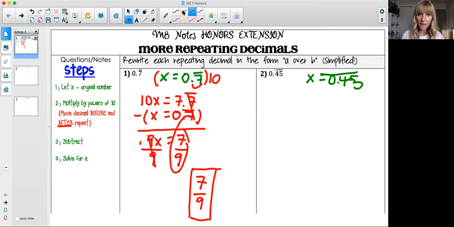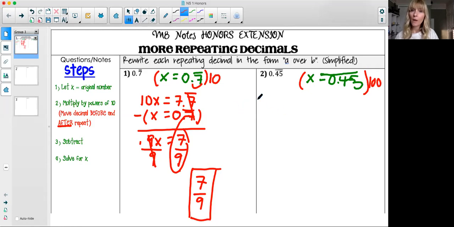Now this time, if I want the decimal to move past the repeat of this really lovely decimal I wrote, this time I don't want that decimal to only move once because that would put me right in the middle of the repeat. I need the decimal to move twice to go all the way past the repeat. So that means I am going to multiply by 100 instead of 10 this time.